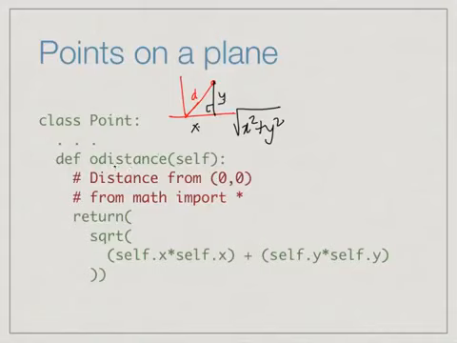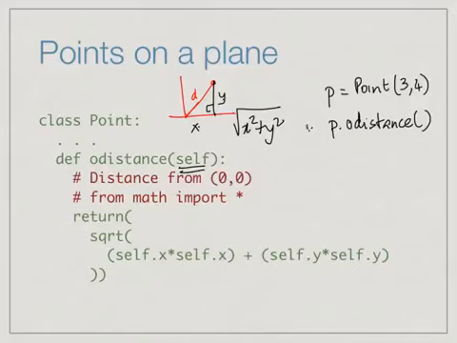So if we want the distance of a point, we don't give it any arguments, but we always have this default argument self, right? So we want to know what is the distance from (0, 0) to the current point. So we would say something like, in our earlier case, p is equal to Point(3, 4), and then we would say p.o_distance() to get its distance.